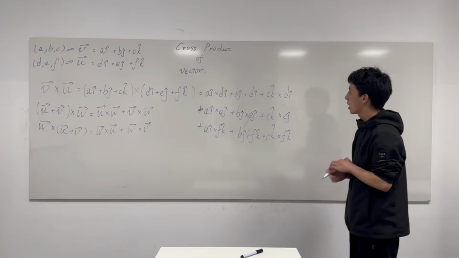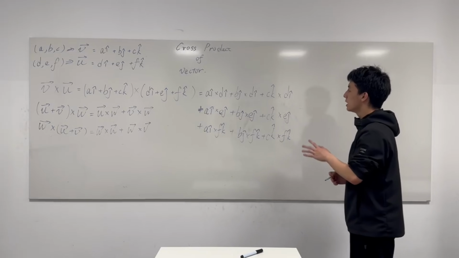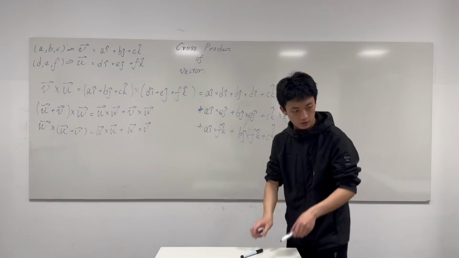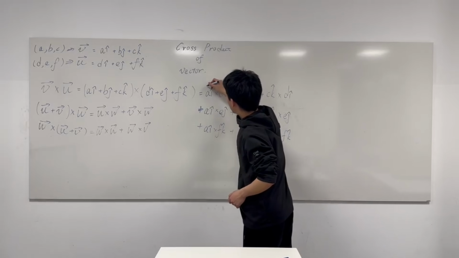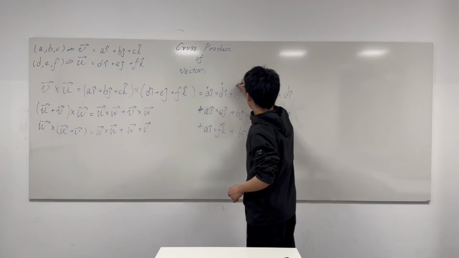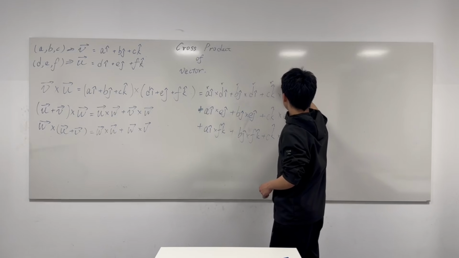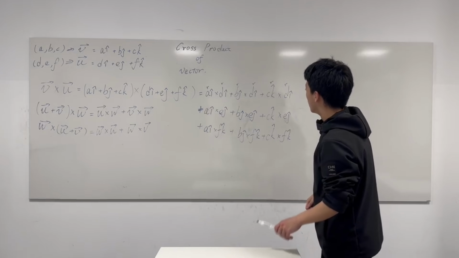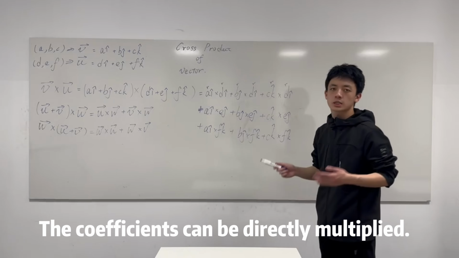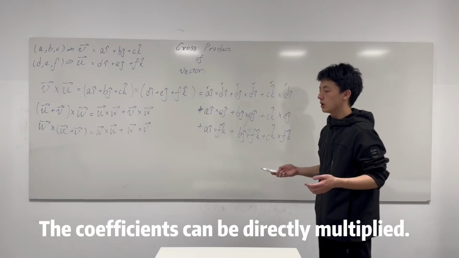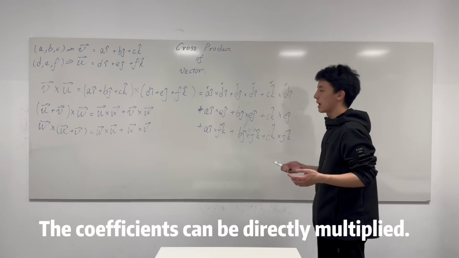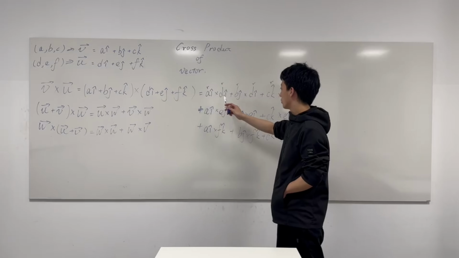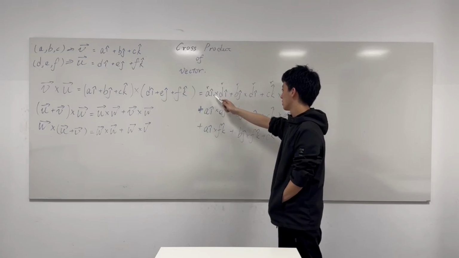Right now we can calculate each term, because A, B, C, D, E, F are real numbers, so they multiply just like real numbers. We can just move all the coefficients in front of all the cross products.